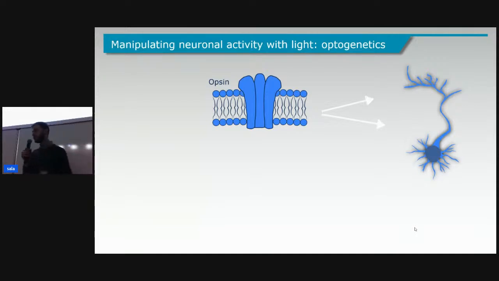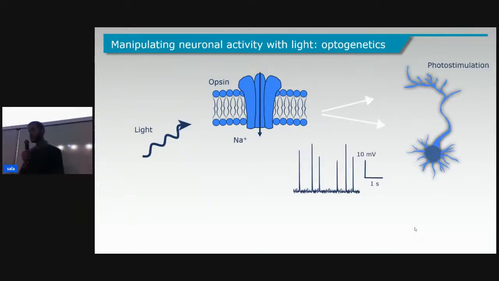You still, by genetic means, encode it into neurons. And now if you shine light onto them, you can basically, at will, activate them, so induce neuronal activity, induce electrical signals. So now we have a two-way mechanism to interact with the brain. We can read out neuronal activity with light, and we can induce it with light.